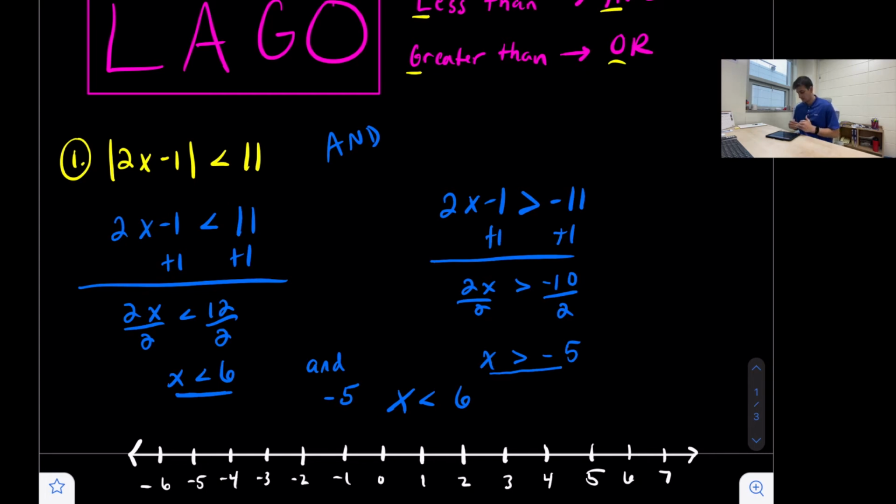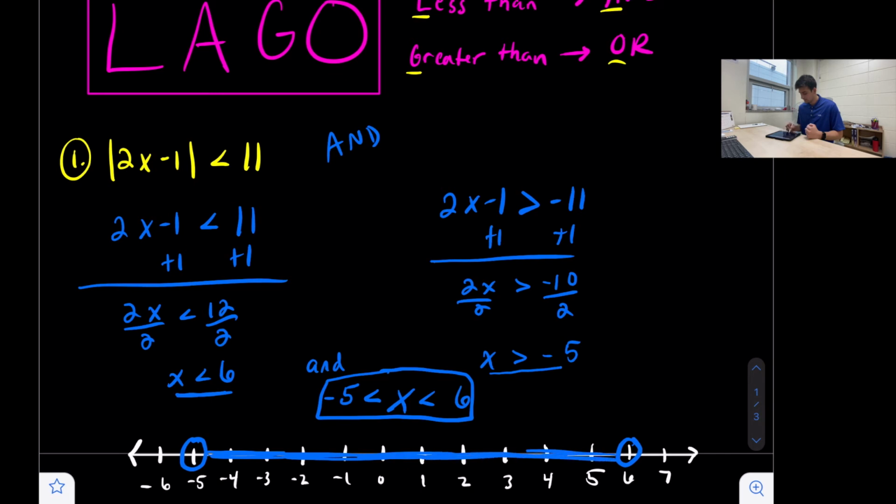So instead of saying x is greater than negative 5, we could say negative 5 is less than x. And we've written that as a compound inequality altogether. So this tells me our solutions are between negative 5, so open circle on negative 5, and 6. So greater than negative 5, but less than 6. Okay, greater than negative 5 and less than 6.